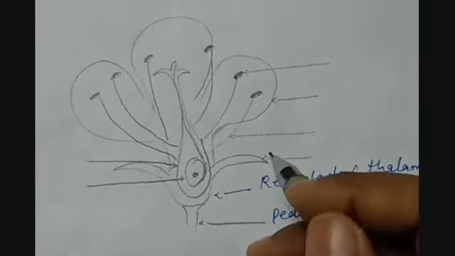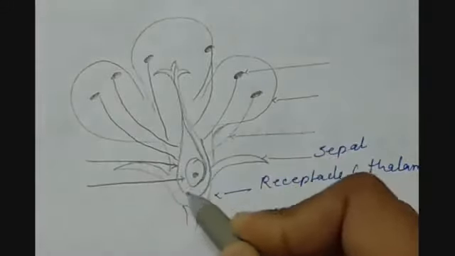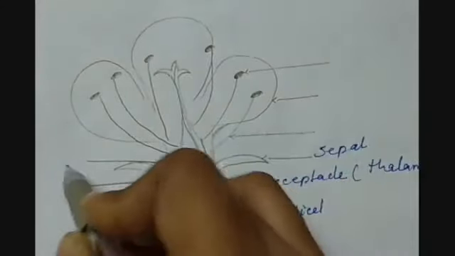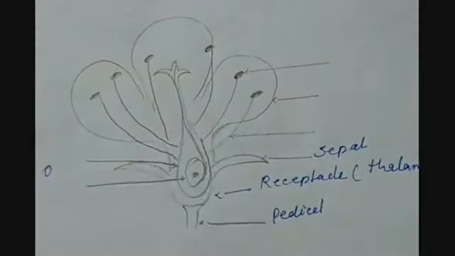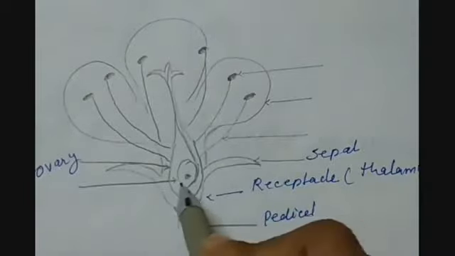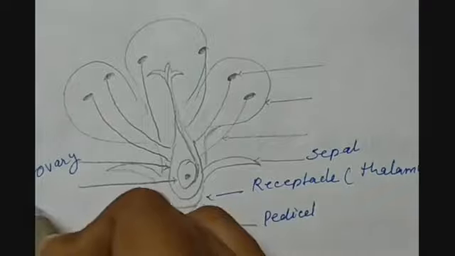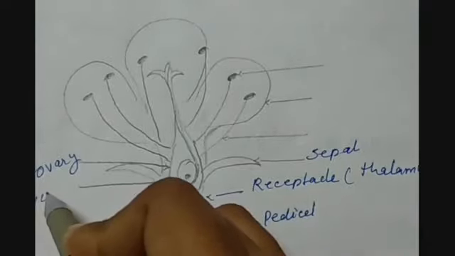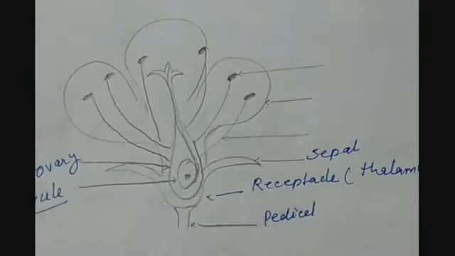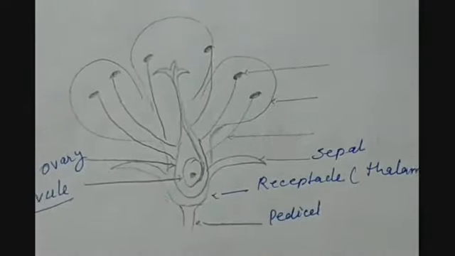Then we have the ovary. So this part is the ovary of the flower. Here, this part that you are seeing inside the ovary is the ovule. A plant can have one ovule or it can have many ovules in its ovary.